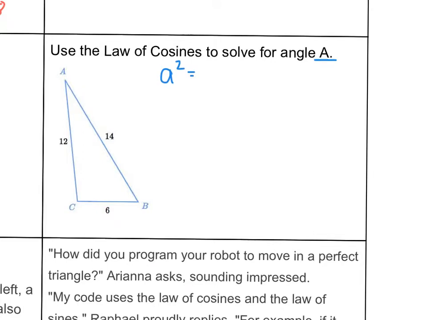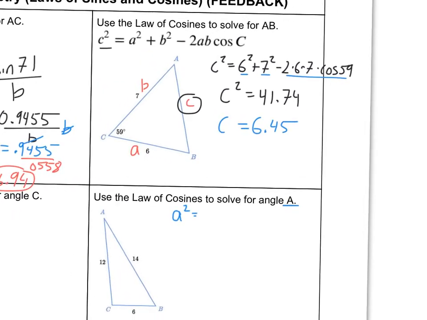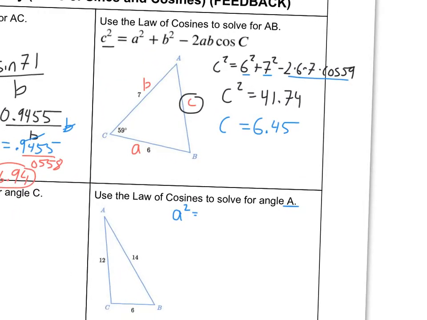So just if you get caught and you've got to build this by yourself, what we're really doing here is, in the formula up above, we're swapping our A and our C. So anywhere that we see an A, we're going to write a C, and any case that we have a C, we're going to write an A. So A squared is going to be C squared plus B squared minus 2 times C times B times cosine. Instead of C, I'm going to write A.